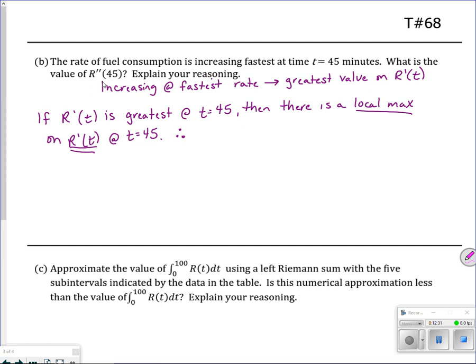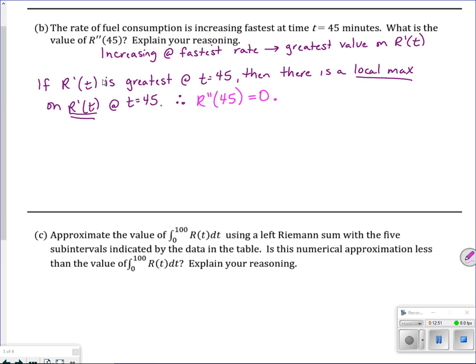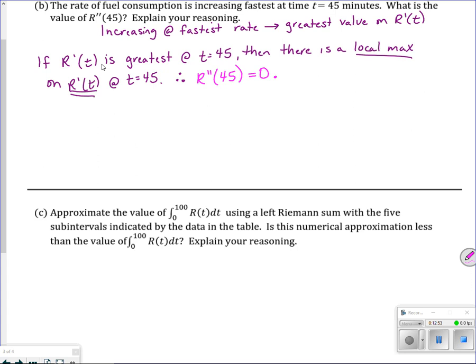So if there is a local max on r prime of t at 45, then r double prime of 45 would have to equal 0. And that's what they would be looking for. Okay. Letter C, approximate the value of the integral.